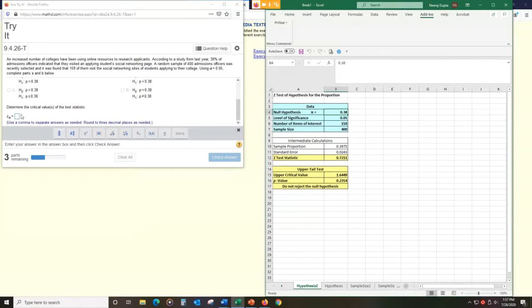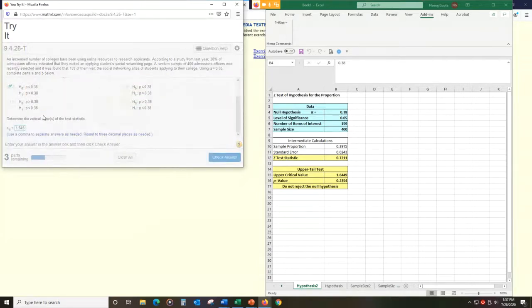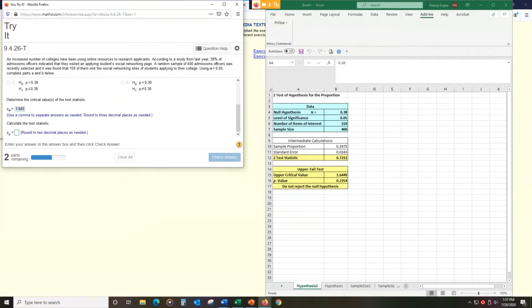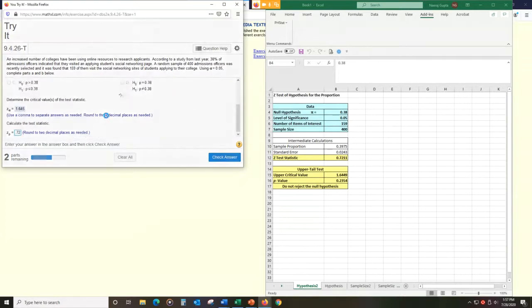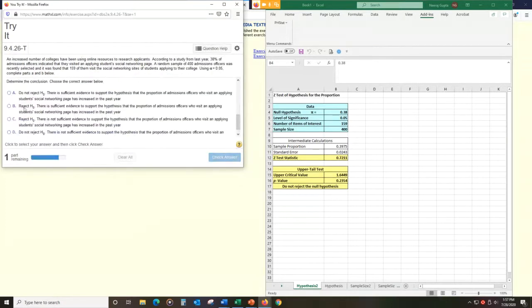So these are the things which you need to pay attention to. My critical value is 1.645. Now I need the test statistic. So my test statistic is 0.721. And then I need the conclusion.